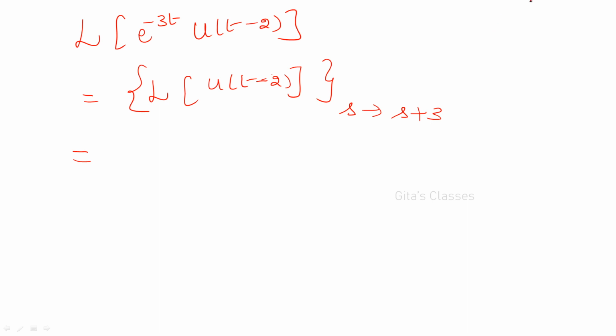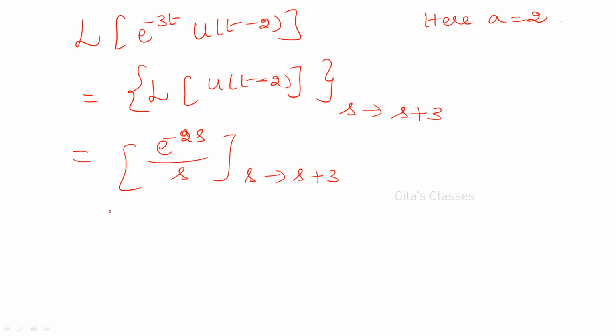Here a is equal to 2 again, given. So e power minus 2s by s, in which s should be replaced by s plus 3. That is equal to e power minus 2 of, wherever you have s, it should be replaced by s plus 3, divided by s plus 3.